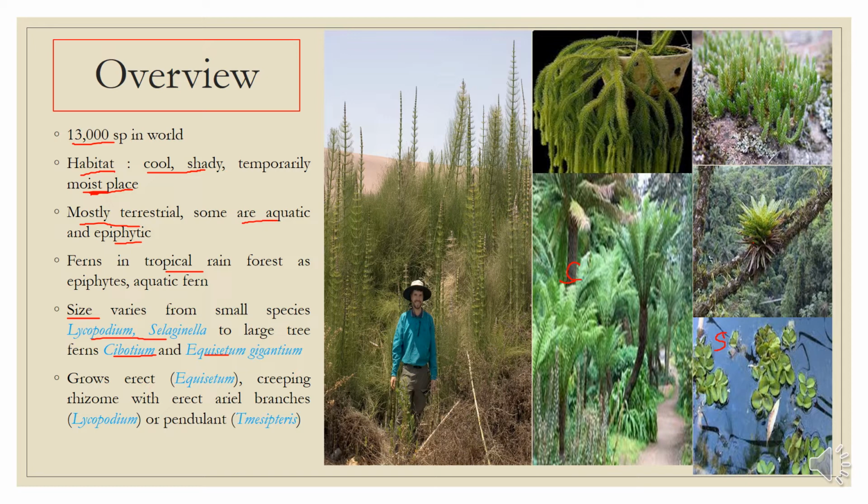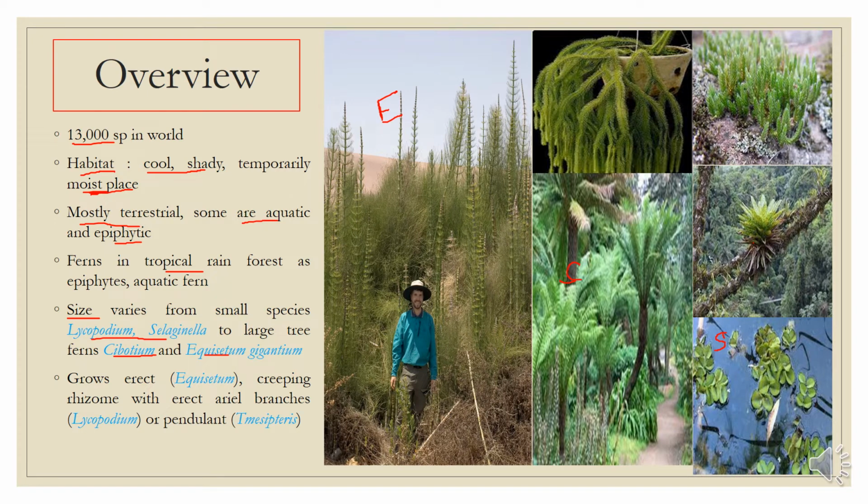And here you see the Equisetum giganteum. You see, an adult person is standing, and this Equisetum is double the size of an adult human being. So you see that there is great variation in the size of the pteridophytes.